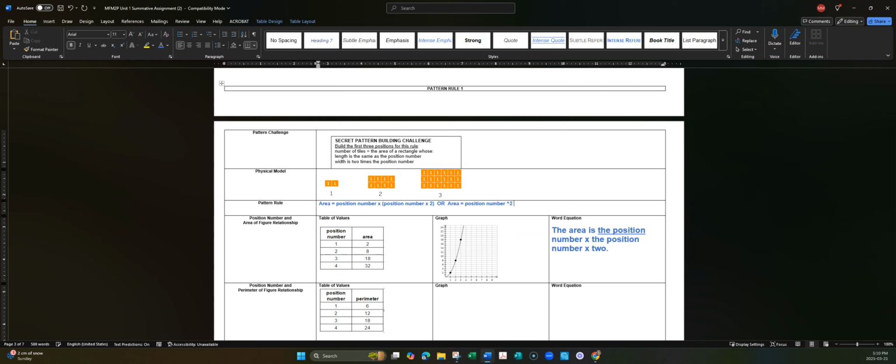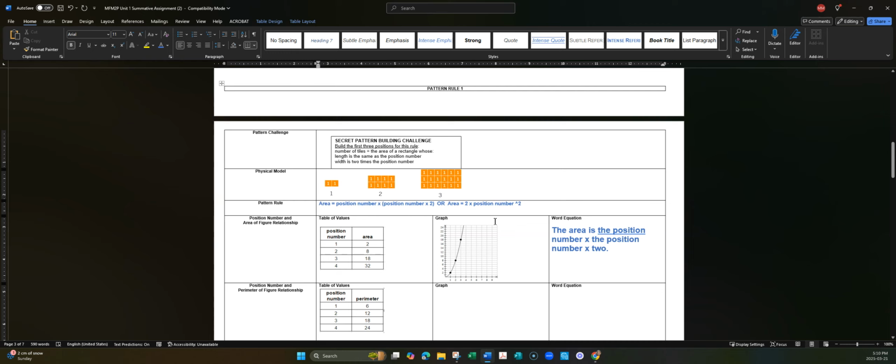position number squared, and we'd normally say 2 times, right? 2 times versus times 2. 2 times the position number squared, right? So again, 3 squared is 9 times 2 is 18. See, it works.